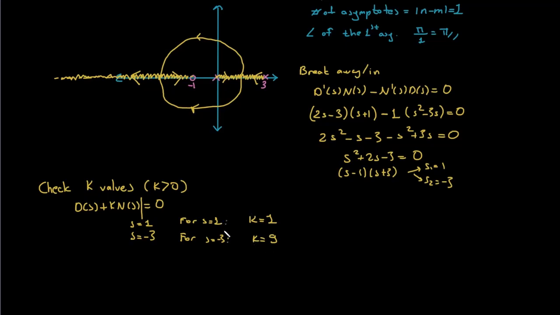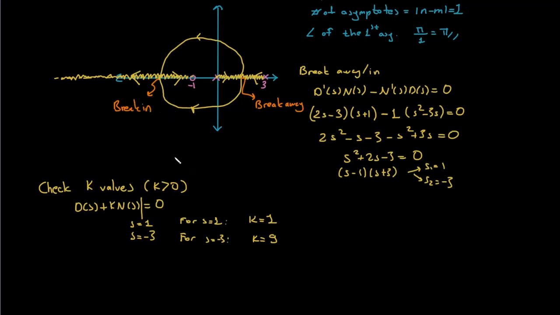So from this information, we can see that this point is the breakaway point. Let me write here with another color: this is the breakaway point. Why? Because these two poles come together and break away to complex conjugate poles. And when these two poles meet here on the real axis, this point is called the break-in point.